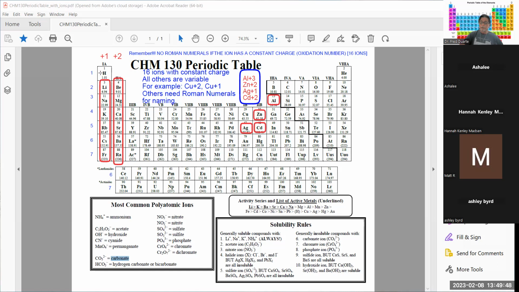The first one starts with hydrogen and goes across the periodic table to helium. That's energy level number 1. Number 2 is lithium to neon, sodium to argon, et cetera. So there are 7 of these energy levels.